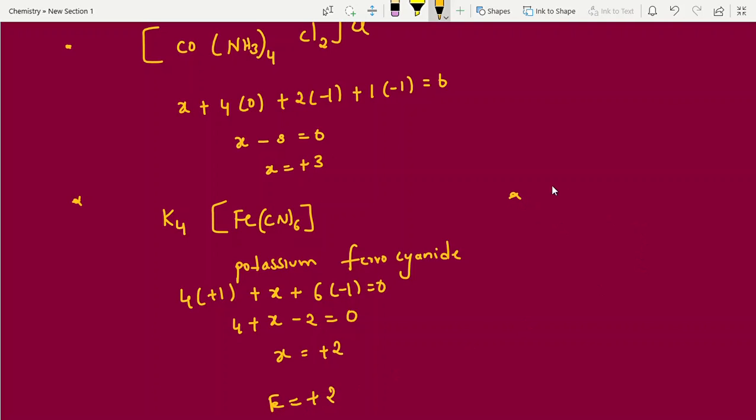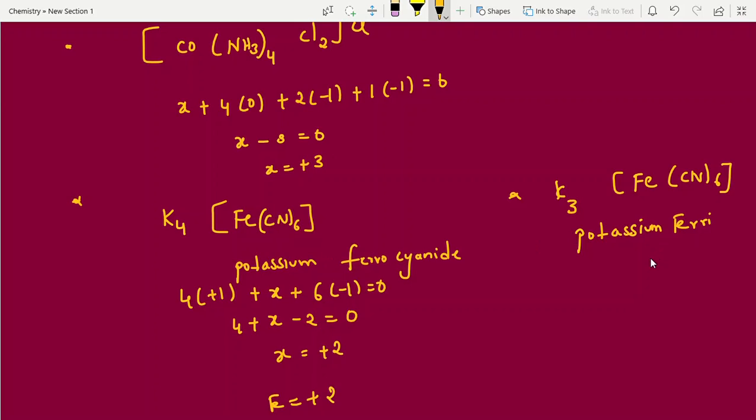Next example. K4 completed, no? Next we'll take K3 FeCN6. This is what we call potassium ferricyanide. See, ferro.